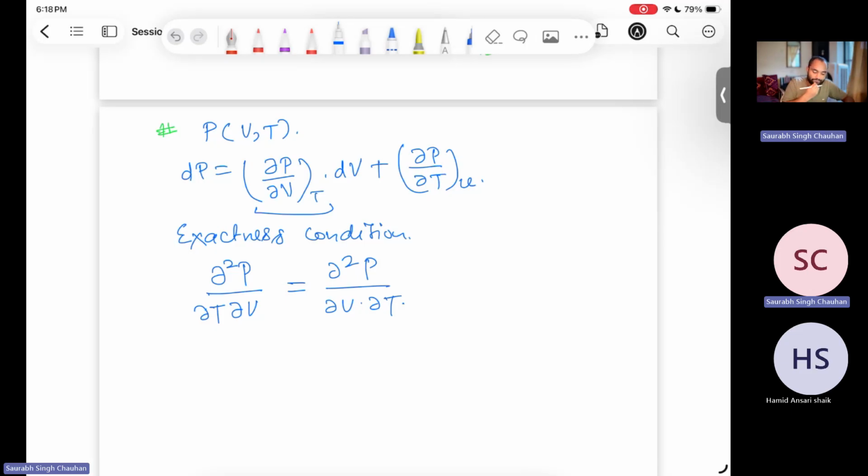You can change the order in which you take partial derivatives, and in both cases you should get the same value. This is how we use the exactness condition.